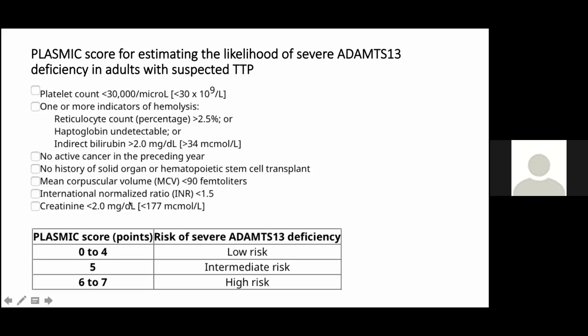So INR can be abnormal, but that abnormality is mild, and creatinine can be abnormal, but that is not a very severe injury.